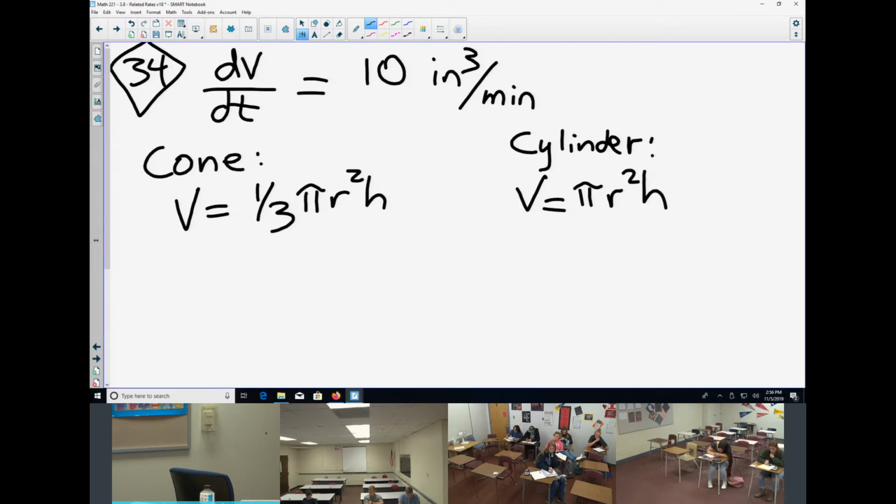So now in both of them, let's see. In the cone, the radius is 1/2 of h. And in the cylinder, the radius is the same. It's not changing at all. The radius would be 3.